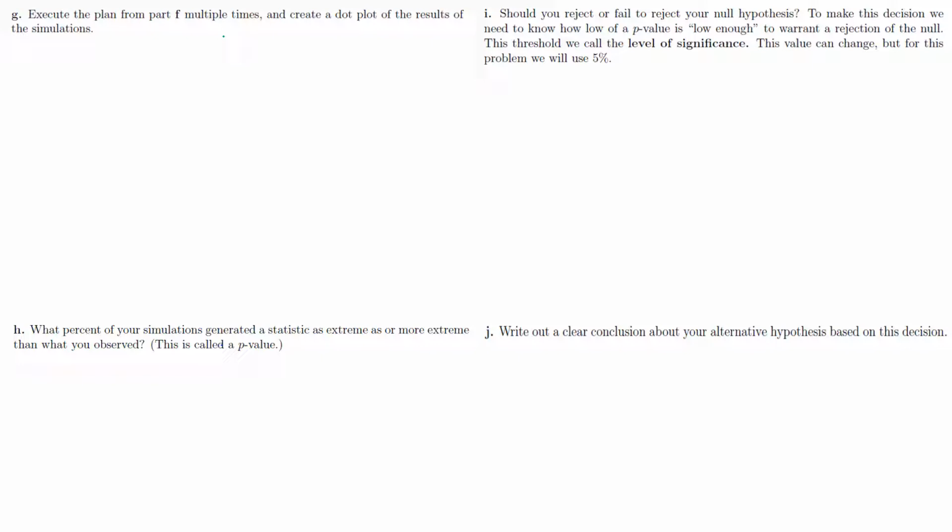To start here, we want to make a horizontal line, and we understand that this would represent 0 heads, 1, 2, 3, 4, 5, 6, 7.